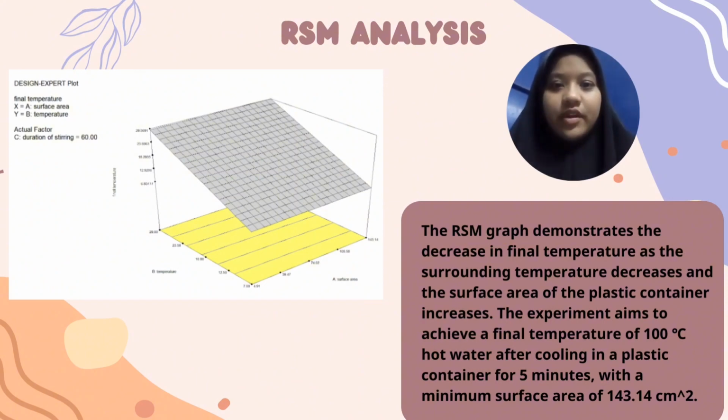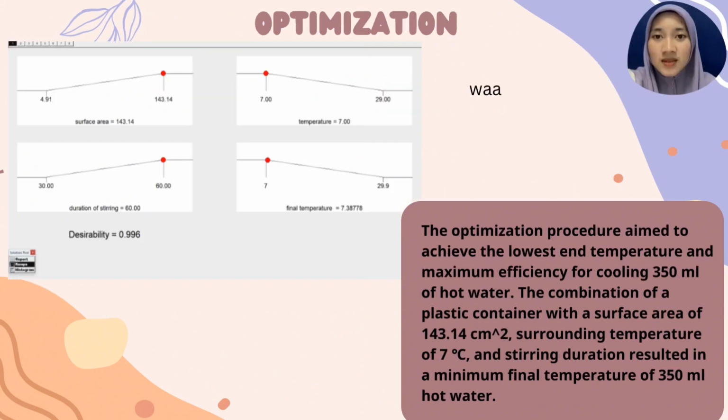This experiment aimed to get the lowest final temperature of hot water after 5 minutes of cooling. Thus, this RSM graph shows that the lowest final temperature could be gained when a higher surface area of container, the highest agitation duration, and the lowest surrounding temperature are used.